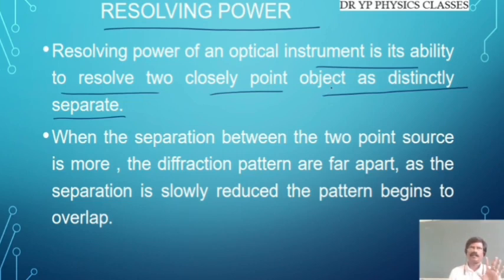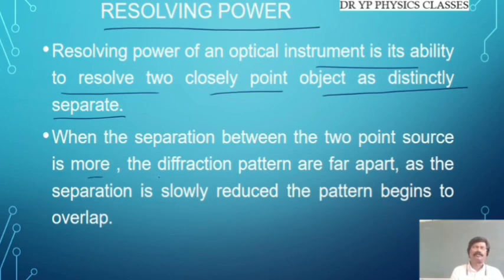With the naked eye, they appear to be very close and cannot be seen visually separated. But when I use an optical instrument to see those close lying objects, they can be seen as separate ones. That power is what is called the resolving power of the optical instrument.